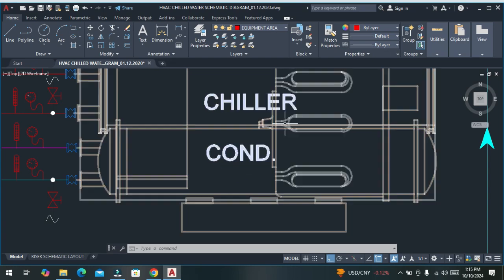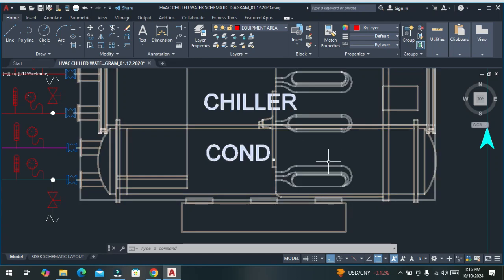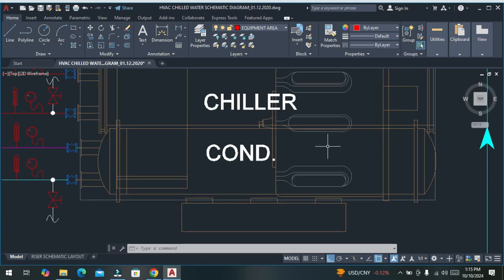It cools the high temperature refrigerant, which could be R410A. So we can say the condenser is the medium where heat is exchanged with the refrigerant. It cools the high temperature refrigerant by the condenser tube water.